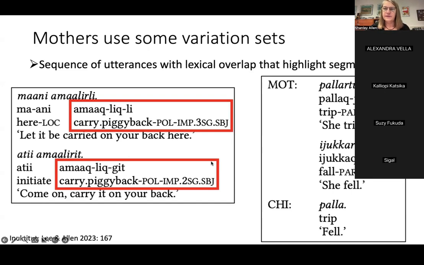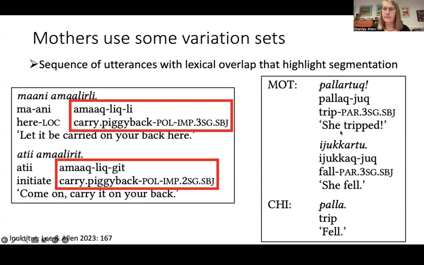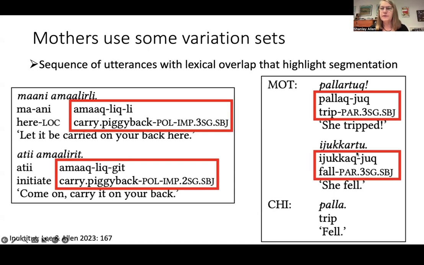Here is a second example where the mother uses two different verbs with the same inflection. The mother says palaktok, she tripped, and ikayotok, she fell, I think referring to the same instance, but palak and ikayok are different verbs, even though the ending, tuk, is the same. The idea is that that would help the child segment palak and ikayok as separate things.